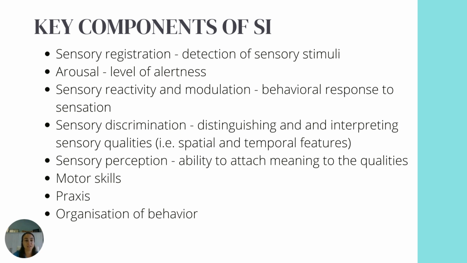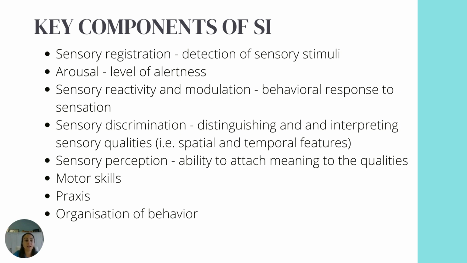Next, we have sensory discrimination, which is distinguishing and interpreting sensory qualities. It can be spatial or temporal features. Sensory processing or perception refers to the ability to attach meaning to those qualities.